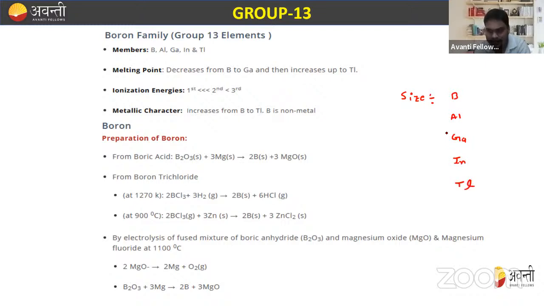But there is one exception between aluminum and gallium. Expected and actual differ: the actual order is that aluminum has a greater size as compared to gallium.